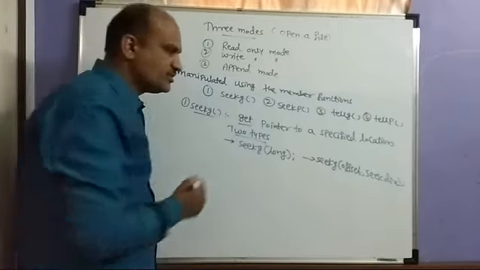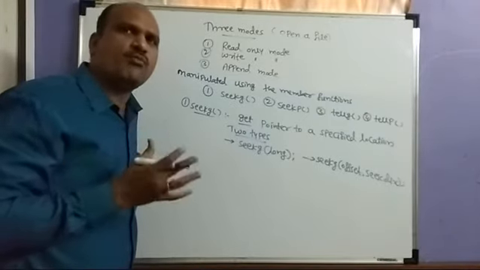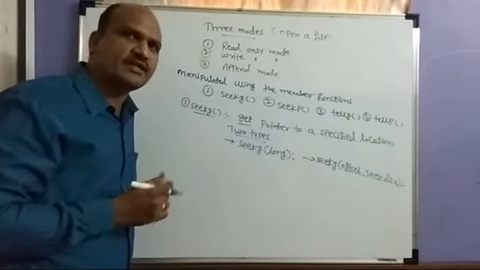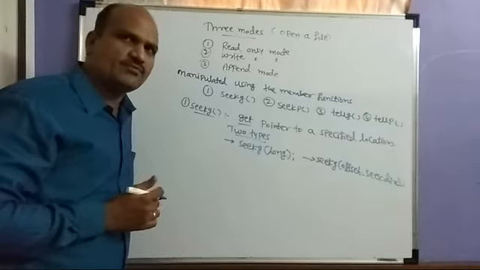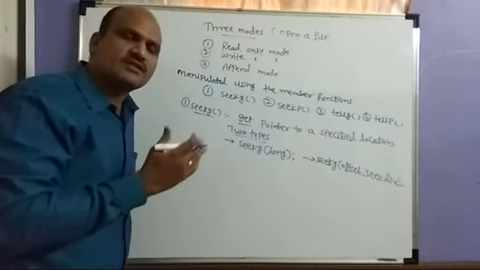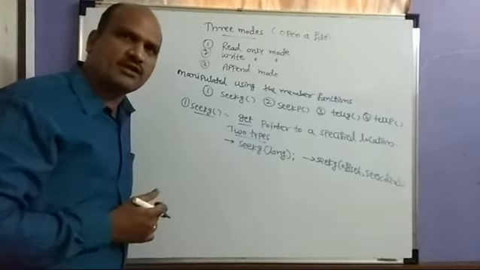Here we are using the offset, and this offset is the number of bytes. How many bytes it will take, it will take the long only. When you go for the seek direction, it will move from that particular position.